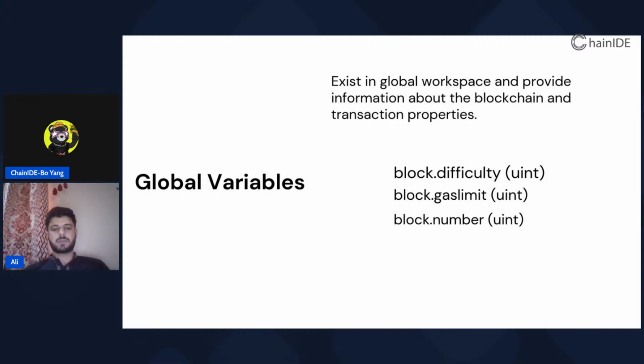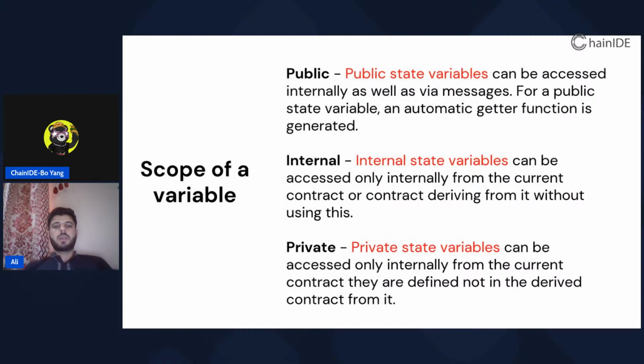Block.gaslimit is also a global variable, which is used to know the gas limit for the block. Block number, which tells which block is at the present time for a blockchain, is also a global variable.